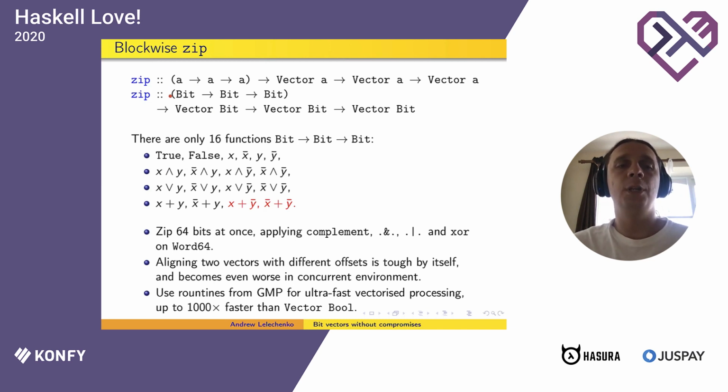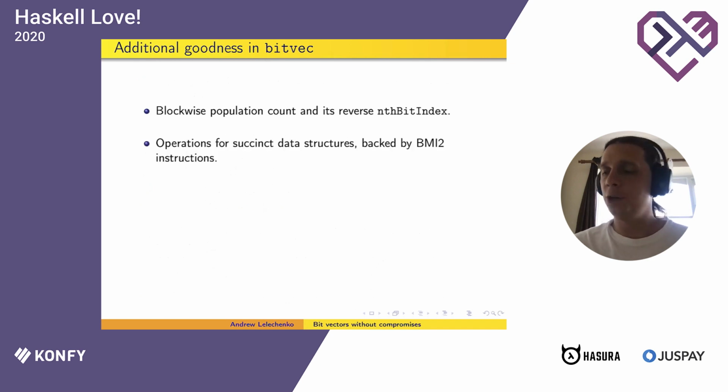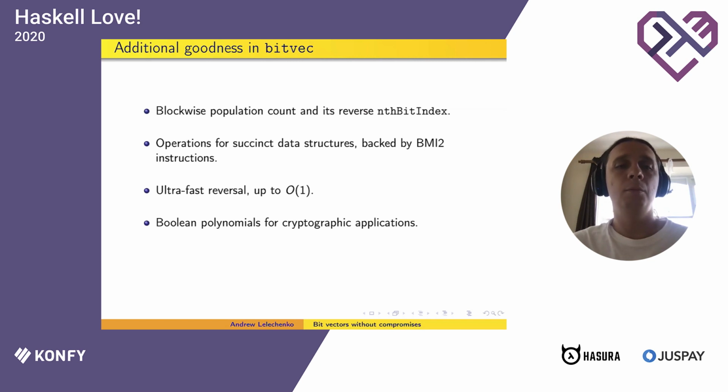So we just need to detect which of these 16 functions we are dealing with, which can be done by basically testing it on 4 values, and we are good to dispatch to the required GMP routine.